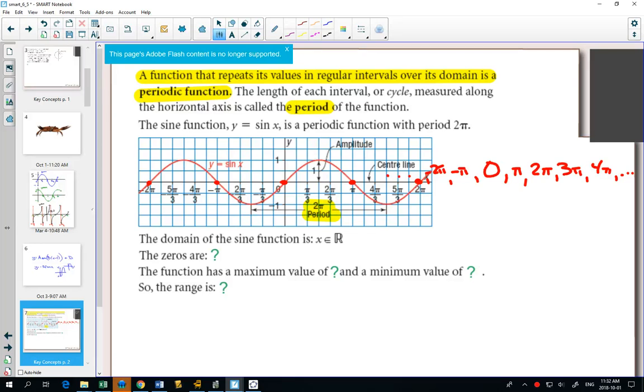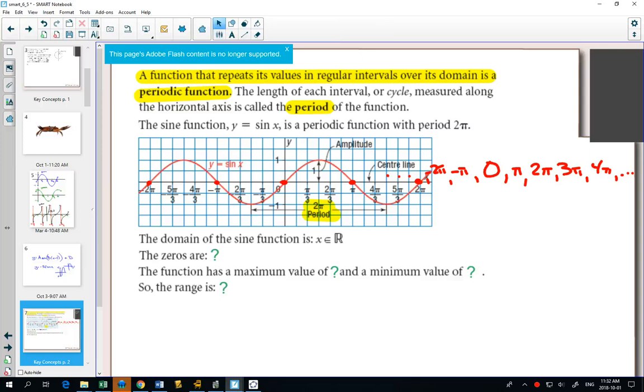So how do we do that? Well, we look for a pattern. We notice that it's everything multiplied by pi, where the numbers in front are like 0, 1, 2, 3, 4, negative 1, negative 2, negative 3, negative 4, negative 5. If I put all those numbers together, what are those numbers called? Integers.